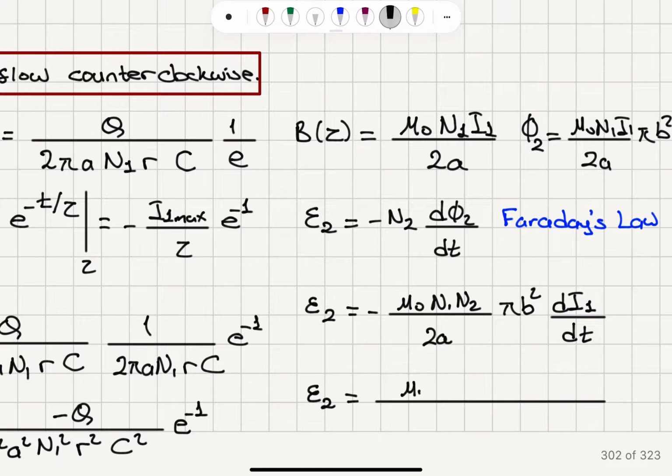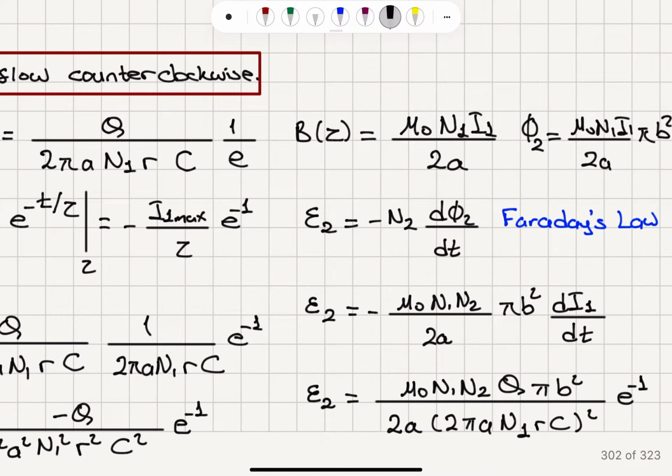So this will be mu 0 N1 N2 Q pi b squared. Q comes from the di1/dt, and this will be multiplied with e to minus 1 divided by 2a times (2 pi a N1 RC) squared.